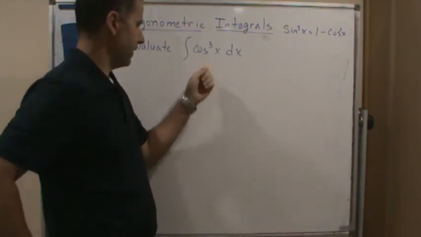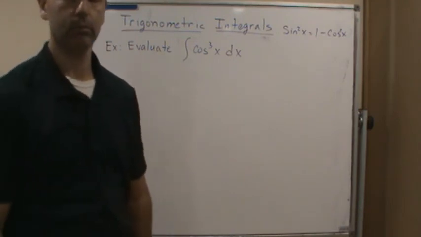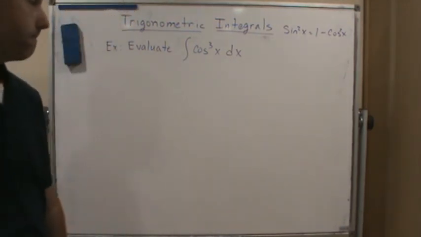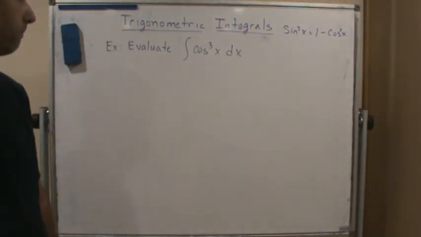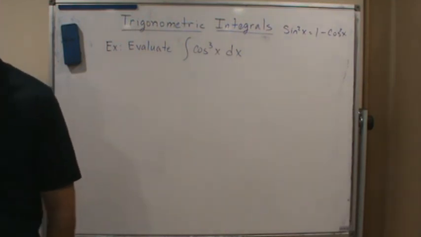So in this case, it's an odd power of cosine. So how would we do that one?